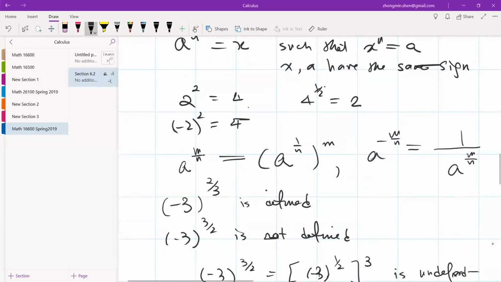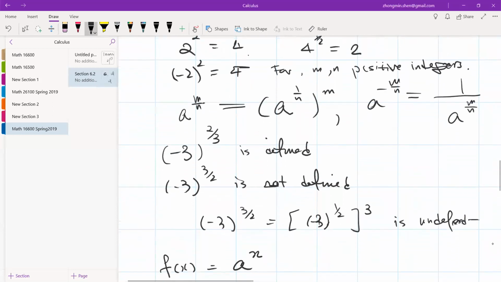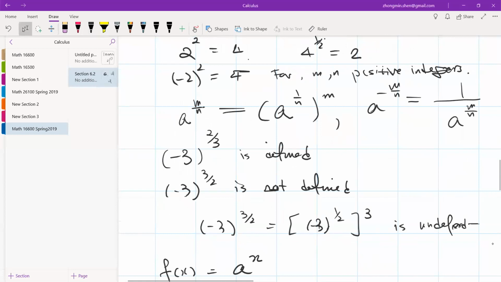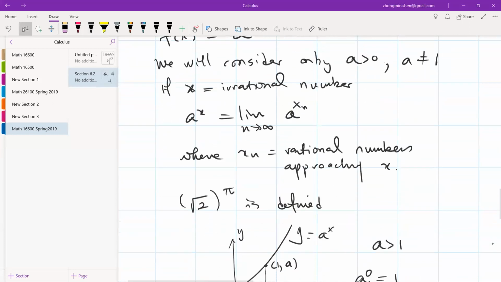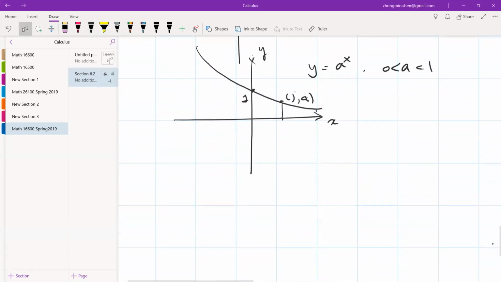So for m and n positive integers, you can define this first one, a to the m over n, but when it's negative, you have to define this to be 1 over this. Okay. All right, so now it's defined for any x.